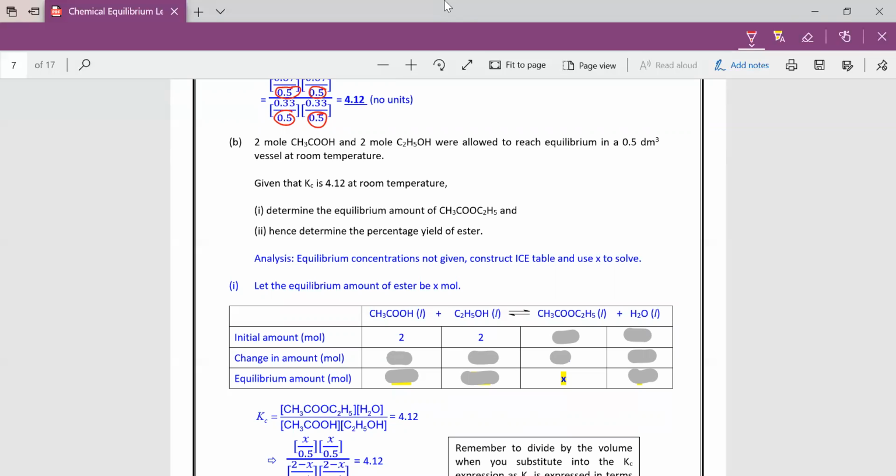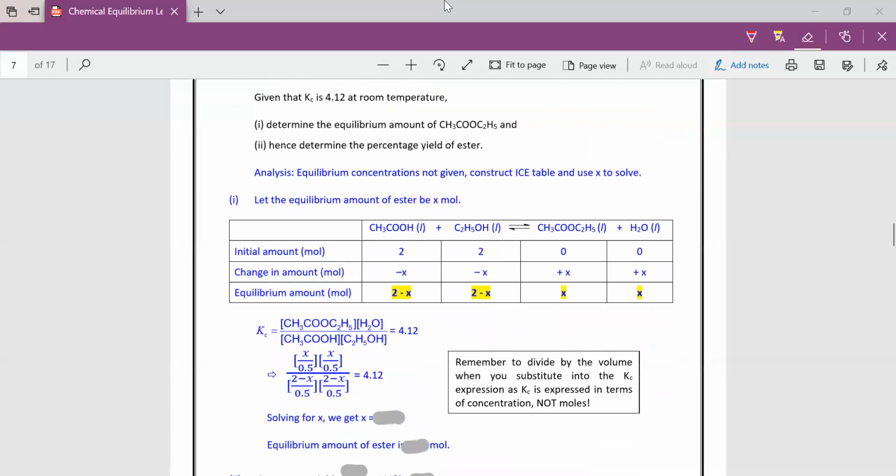The initial amount of the product is 0 as per part A. Obviously we're going to form x amount of water, so the change is x. For the reactant, it'll be minus x, and then the equilibrium amount will be 2 minus x.